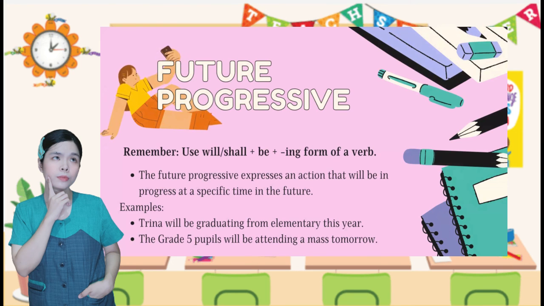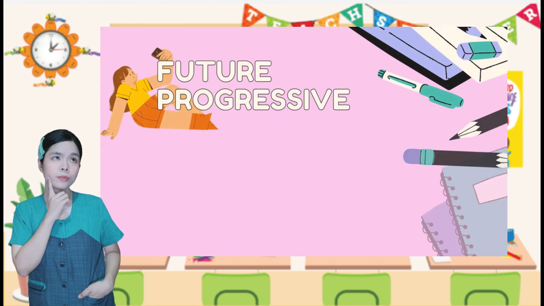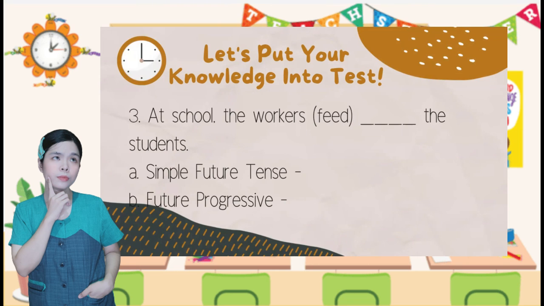So again, the future progressive expresses an action that will be in progress at a specific time in the future. For example, Trina will be graduating from elementary this year. The grade 5 pupils will be attending a mass tomorrow. So now let's put your knowledge to the test. At school, the workers feed the students.